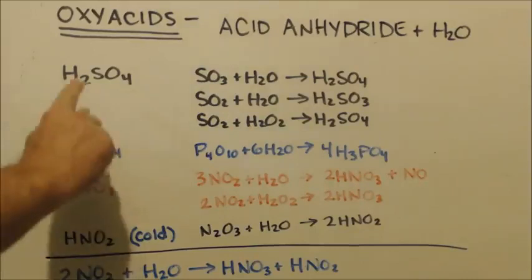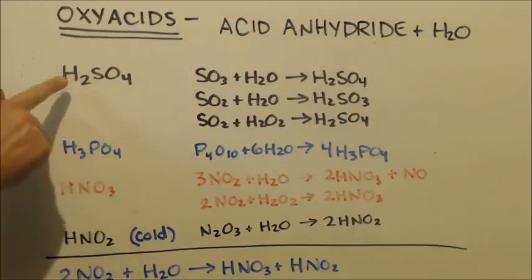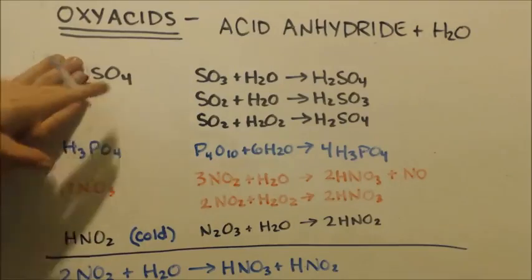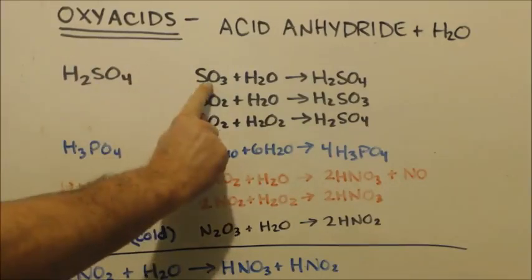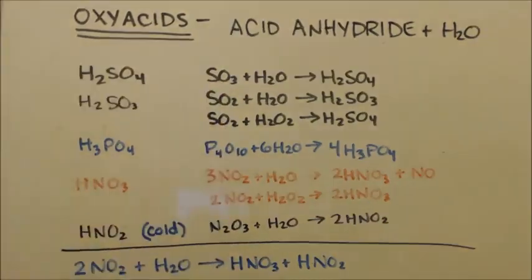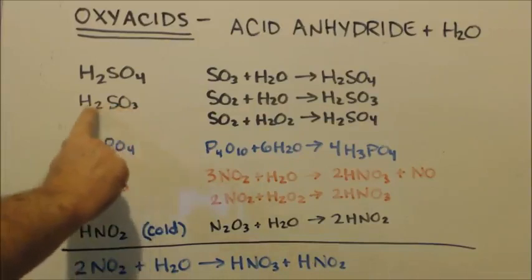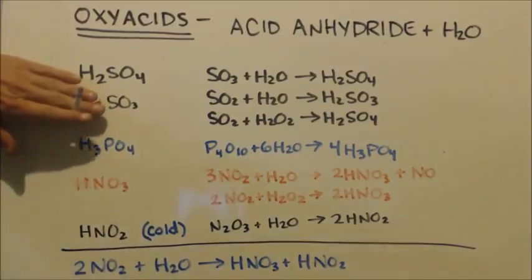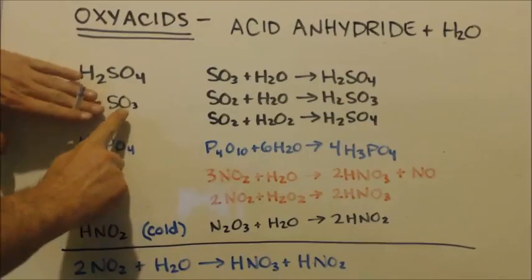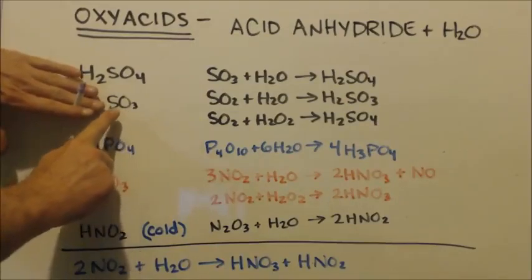But anyways, look at this. If I take a water molecule off of this, H2, then I take off one O over there, that'd be SO3. That's your anhydride. Now what if I had sulfurous acid? That's H2SO3. Take the H2 off, take one of the O's off, and I'd have SO2.